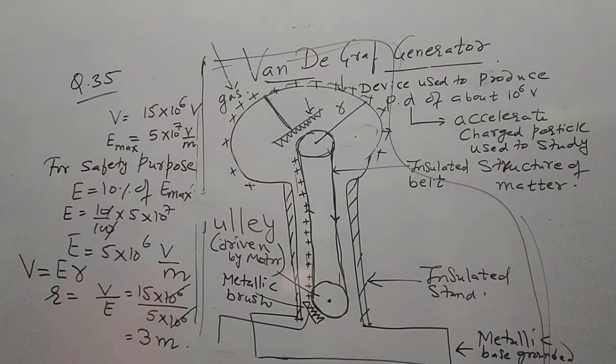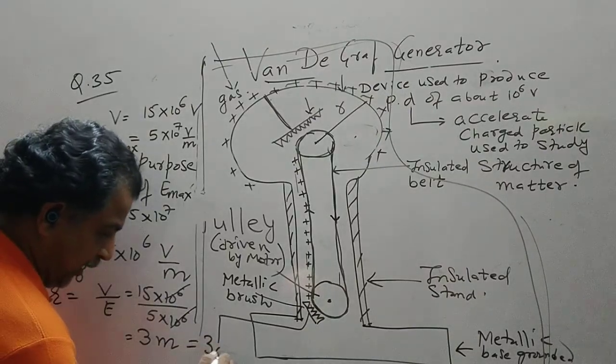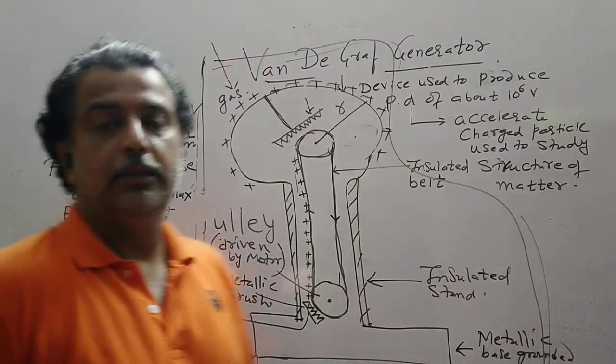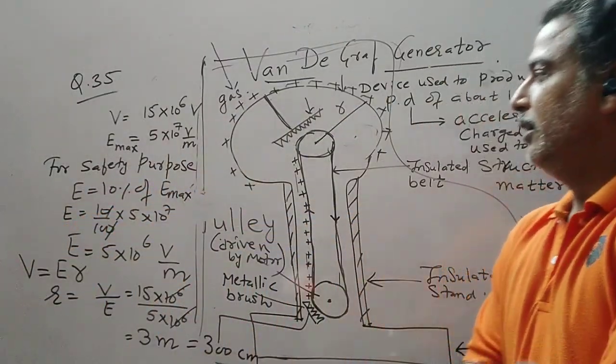So this is how the principle of the Van de Graaff generator is employed to find out the radius. So at least you should require 3 meter of radius, or it can be written as 300 centimeter. This is the radius.